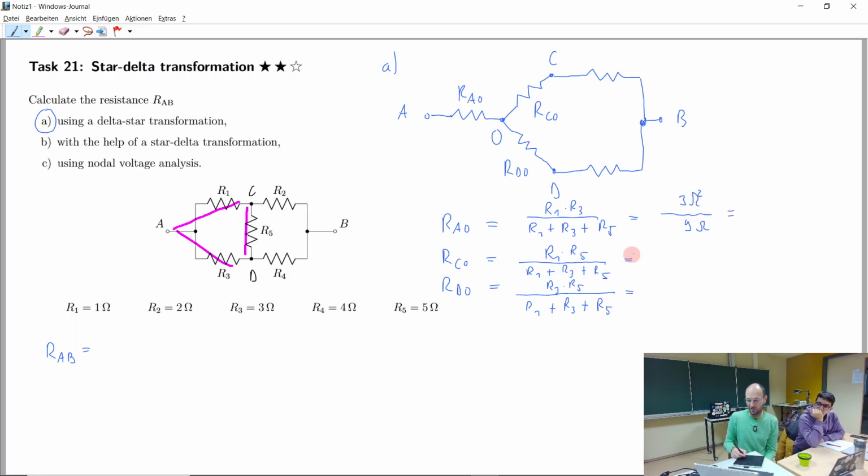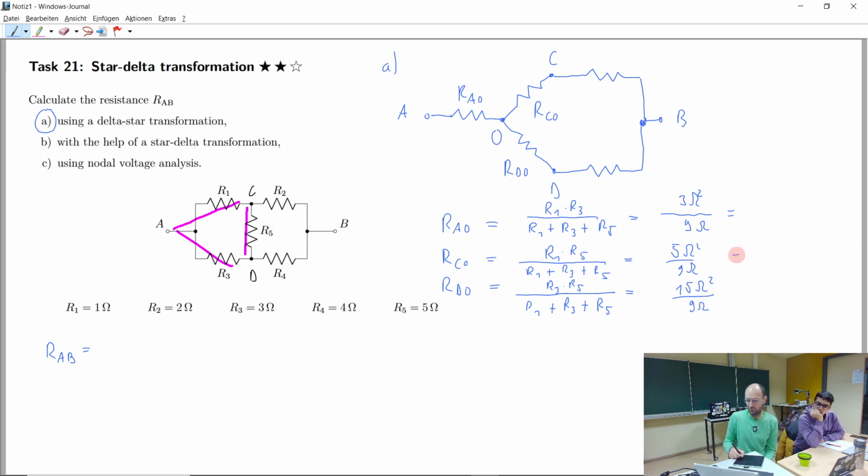Okay, so here I have 1 times 5 is 5 ohm square, and we still divide by 9 ohm, and here it's 3 times 5 is 15 ohm square, still divided by 9 ohm.